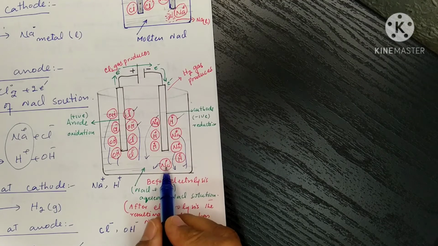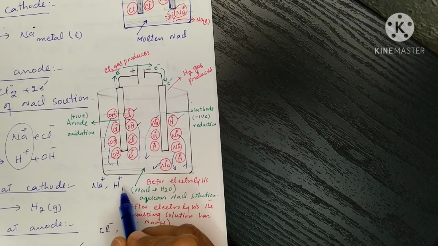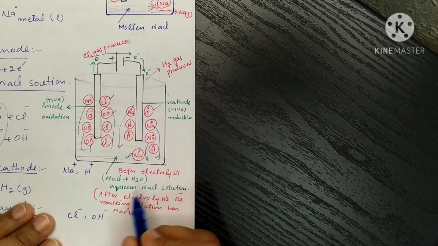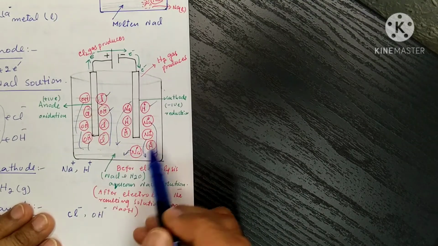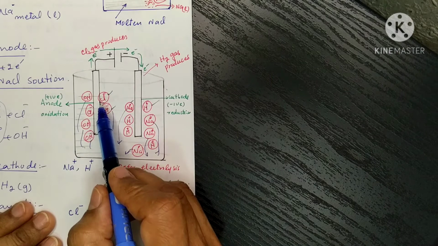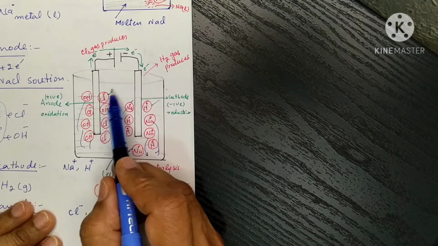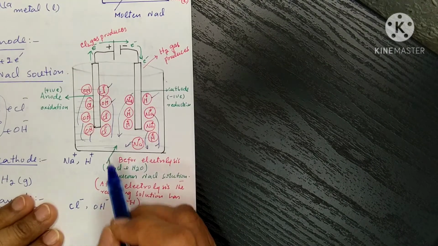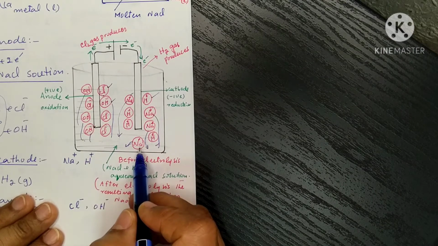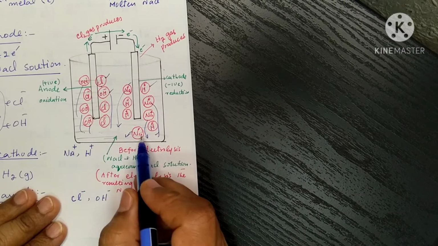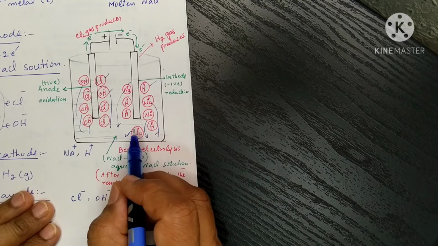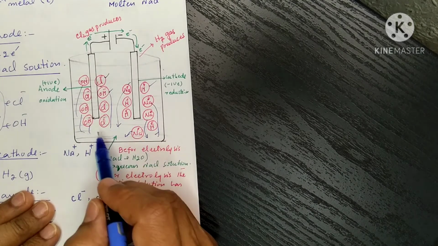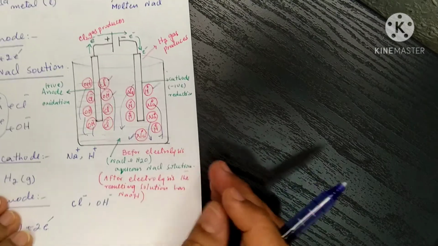Now in the solution we have sodium ions and hydroxide ions. Before the electrolysis we have 4 types of ions. After the electrolysis, because the chlorine and hydrogen gas have been released, we have hydroxide and sodium ions, and sodium and hydroxide ions combine together to form the base sodium hydroxide. That's why the resulting solution will be alkaline in nature.